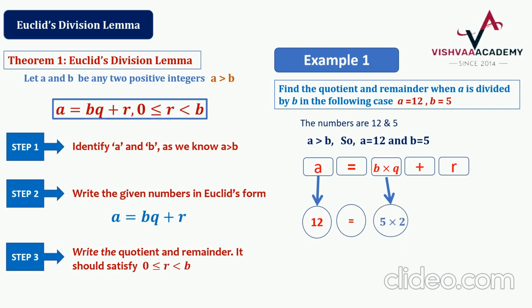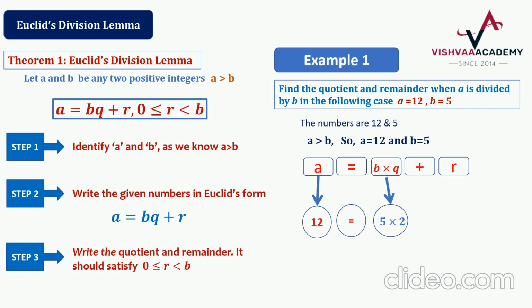So b times q, 5 into 2, already they have given b = 5. So I need to check it out. 5 times 2 is 10, 5 times 3 is 15. When we go for 15, it exceeds 12, so it should not exceed 12. So we can stop at 5 times 2 = 10.